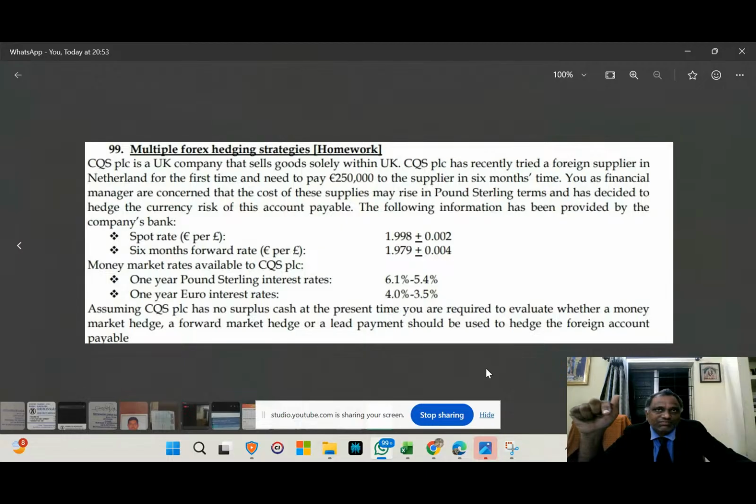Here in the question, ask is equal to 1 by bid. In ask, GBP by euro is needed, but the direct quote is not available there. They have given euro per GBP.